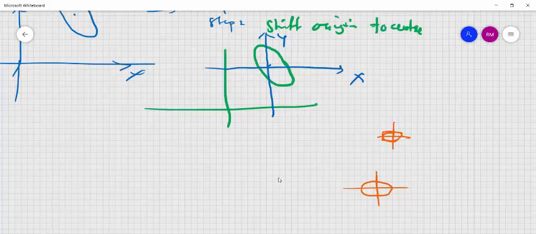Rotate by an angle, say theta. It may be negative or positive, but we have to rotate anyhow. So this is now the third step. Again, this is the old diagram.